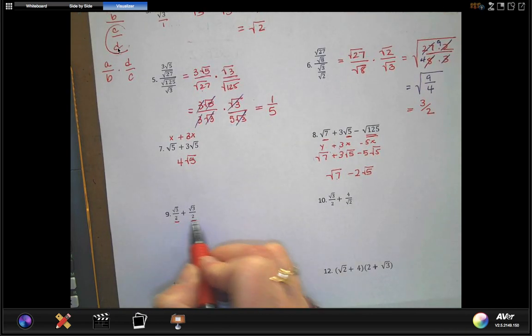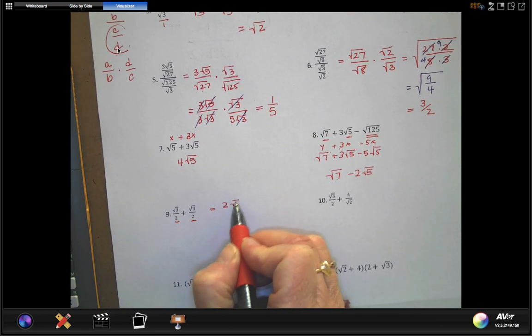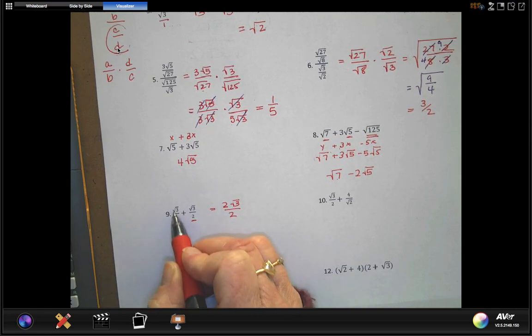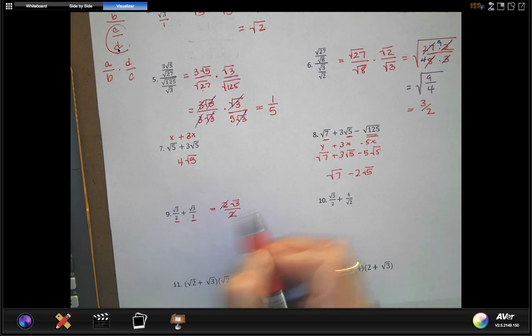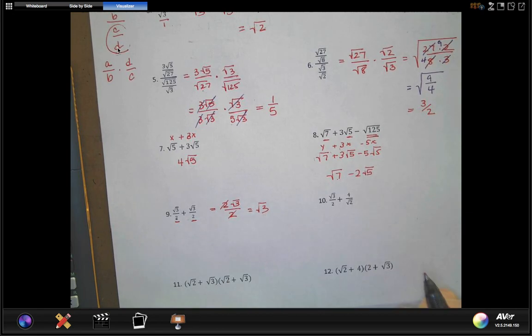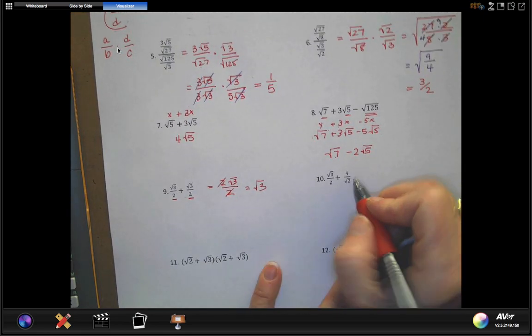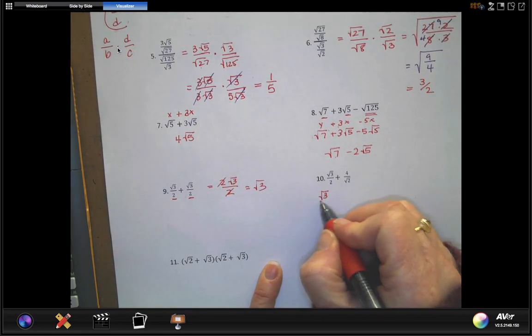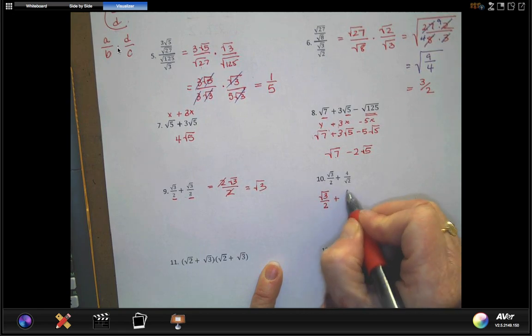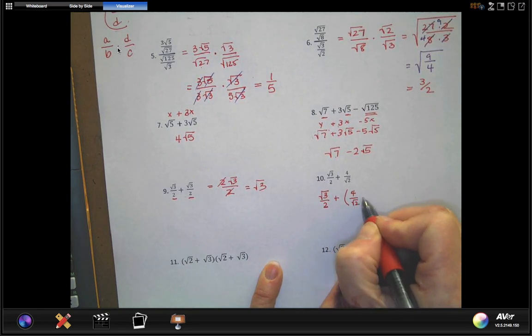The denominator is the same here. So I'd have 2 square roots of 3 over 2. Remember, you don't add the denominators. That would cancel. Denominators are different here, so I have to find a common denominator. But you know what's going to happen here when I switch this one? Since we don't like that square root sign, I leave that one like that. This I'm going to change.